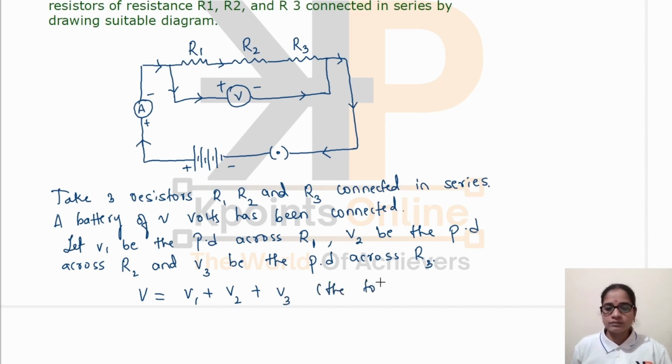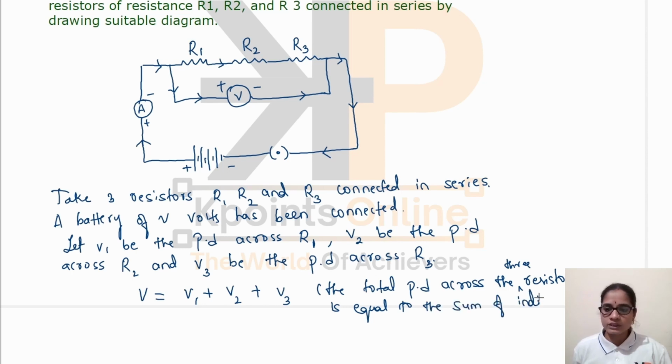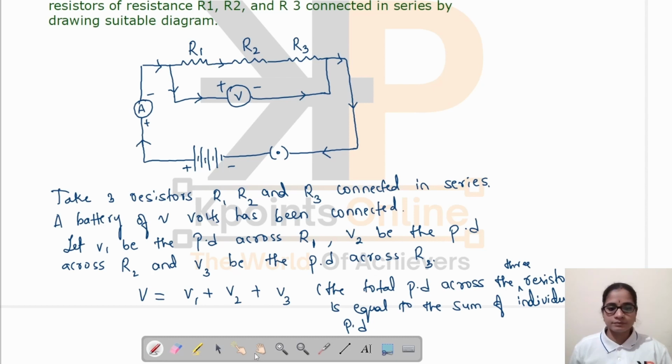The total potential difference across the resistors, that is 3 resistors, is equal to the sum of individual potential differences.